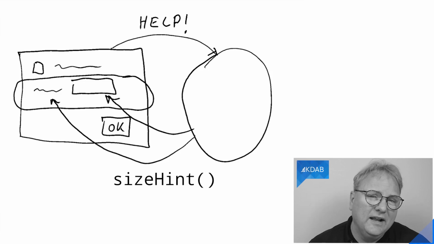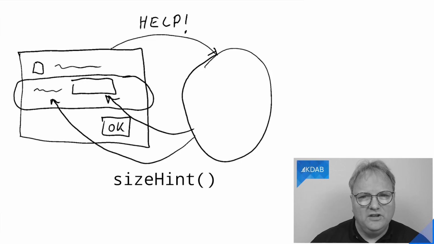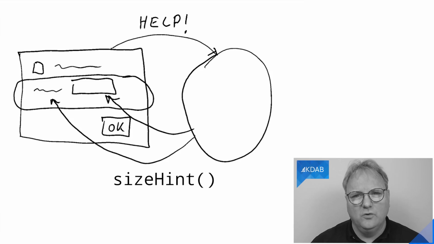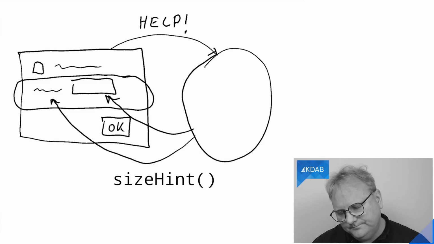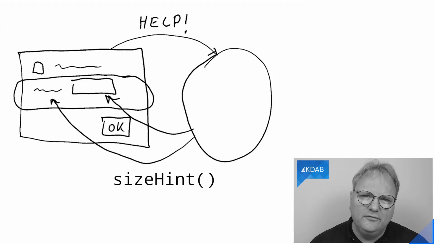Can I give you a bit less? And the label would say, no, because then I cannot show all the characters. The line editor, on the other hand, will say, okay, seriously, if I can only show 3 letters, but if that's what you want, then you can squeeze me down to 3 letters. But that is my final offer.